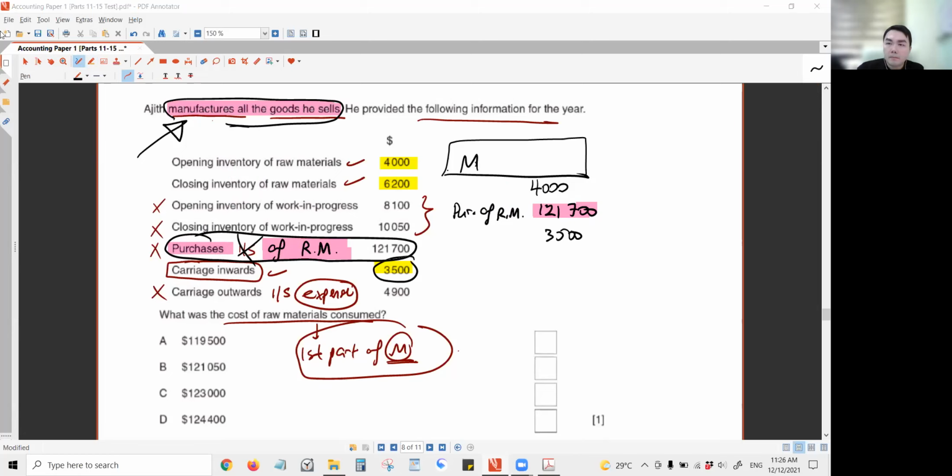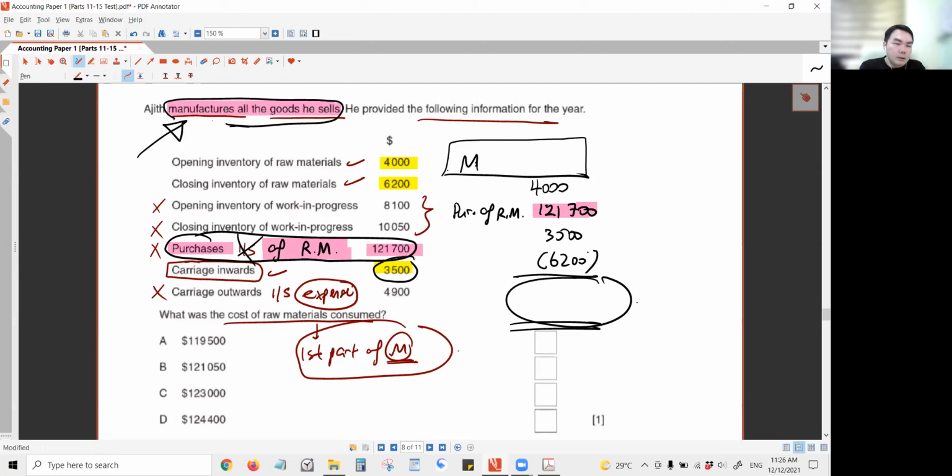Then minus closing raw material. So that means I've used a total of 4 figures. Now do the calculation, then you can get the answer. That's the cost of raw material used. 4,000 plus this plus 3,005 minus 6,002. See if you can get the answer.